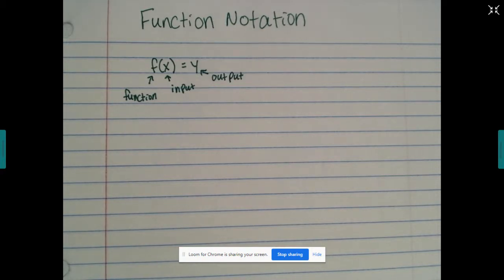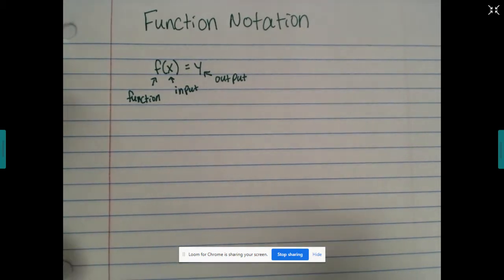And so that's why we can say that f of x and y are the same things. If we're going to plug something in and simplify it, that answer is the same as our y answer. Okay, so let's write a couple of different functions here.